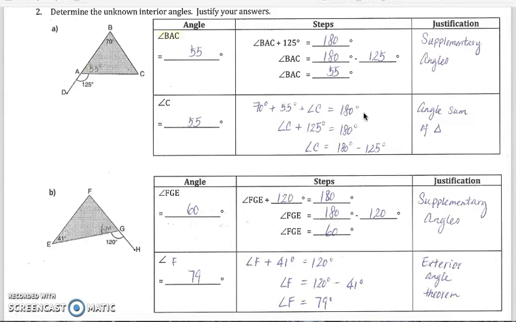Add the two known angles, 70 and 55 degrees, that gives 125 degrees. Angle C will therefore be 180 take away 125, which is 55 degrees. You could also find angle C by using the exterior angle of a triangle, because 70 plus angle C is 125. So you do some subtraction there.